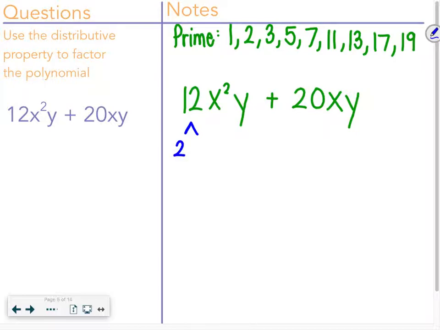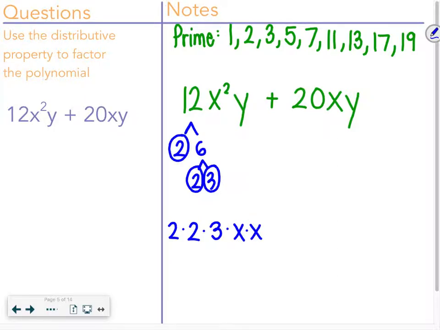Maybe I'll try 6 and 2 this time. So 2 is in our prime list. Let's circle it. 6 is not in our prime list, so let's change that down to 2 and 3, because that makes 6. So we've got a 2 and another 2 and a 3. Remember, I'm just writing what numbers I circled. We've got x squared, so 2 x's and a y.